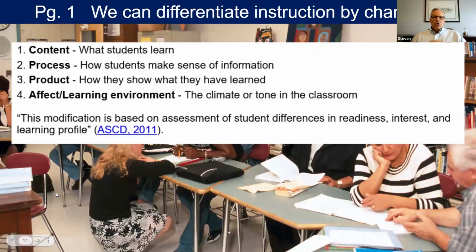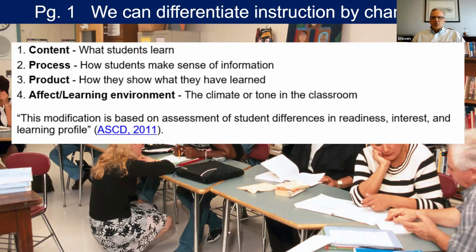Okay, so how can we do differentiated instruction, or again, just making our learning relevant to students? We can do this in really four different ways, and I'm on page 1 still of the handout toward the bottom. We can change the content that students are learning, or otherwise adapt the knowledge or the skills that students are learning, in some way, shape, or form.